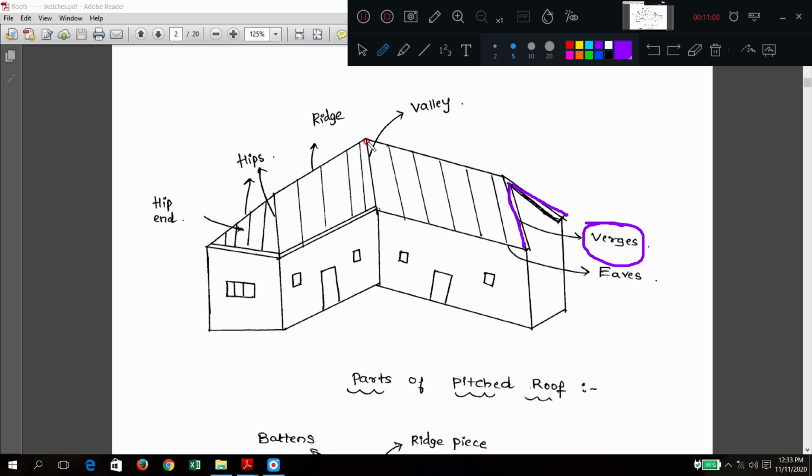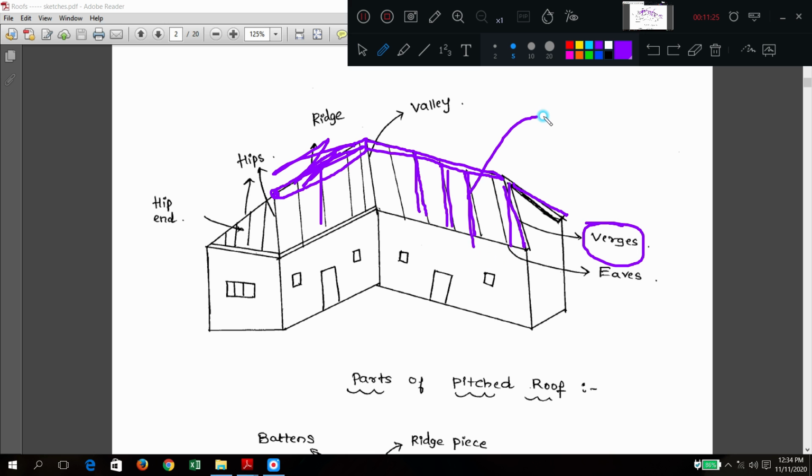Ridge piece means whatever element you form, some member you put like this, which is called the ridge piece, ridge beam, or ridge board, which holds these rafters. At the topmost you have the ridge, and from there common rafters will run.